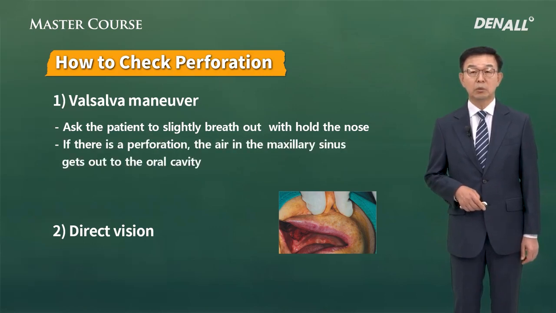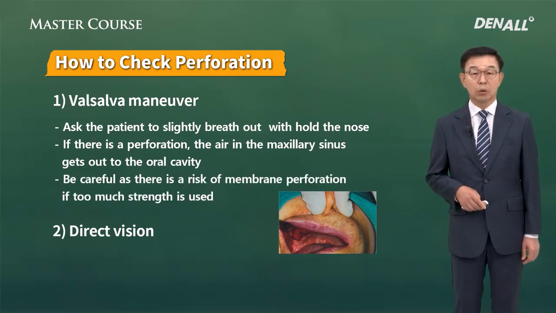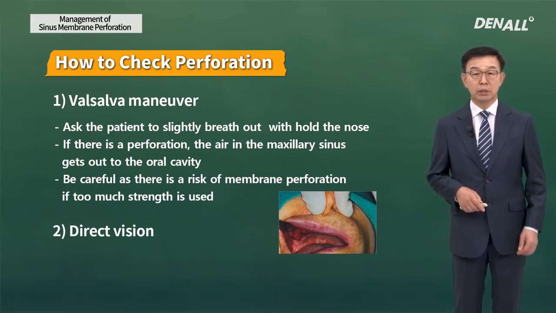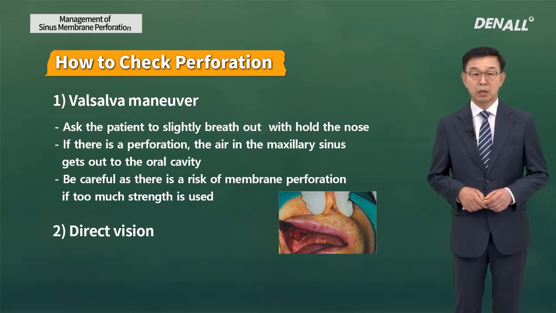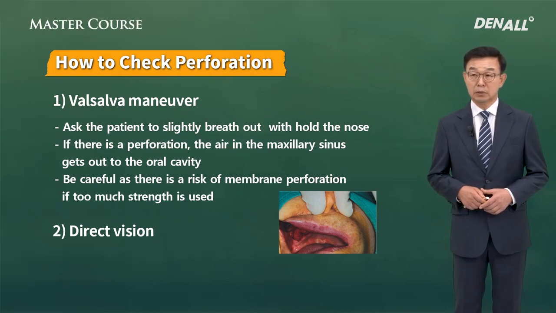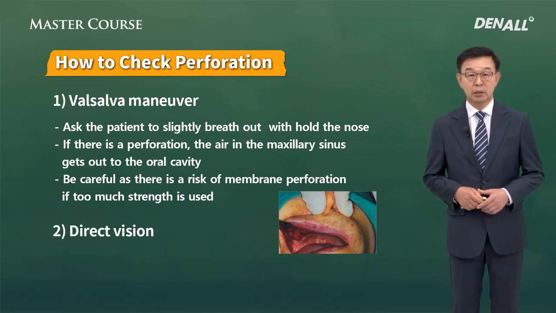If there is perforation in the area of window approach, you can see that air comes out like that. In this case, if the patient blows excessively, the size of the tear can increase. Valsalva maneuver is used to check whether the sinus membrane has been perforated in crestal approach rather than lateral approach.